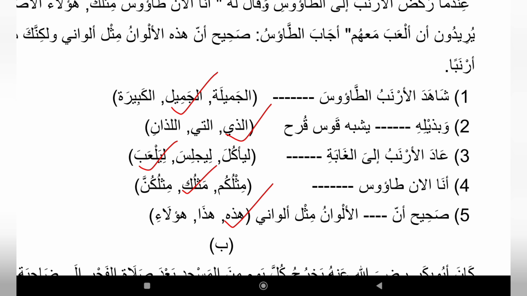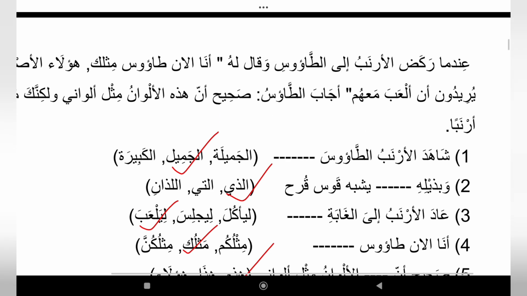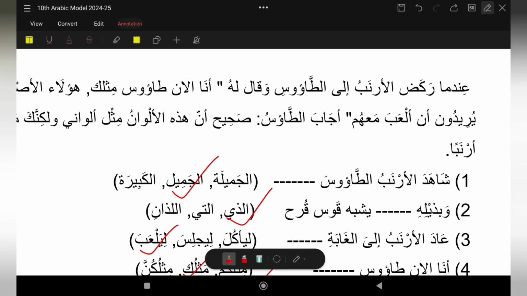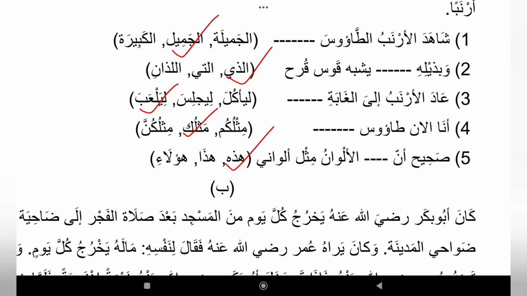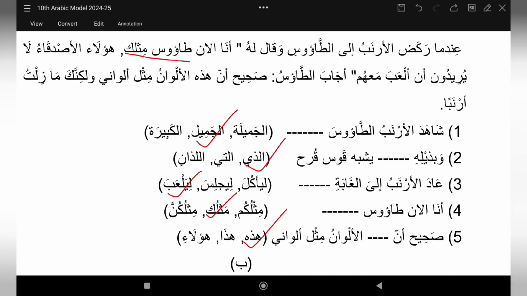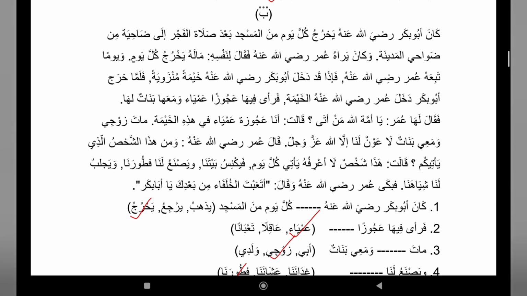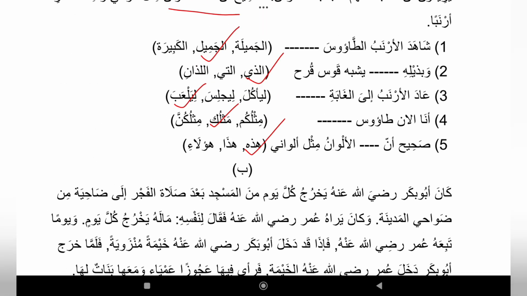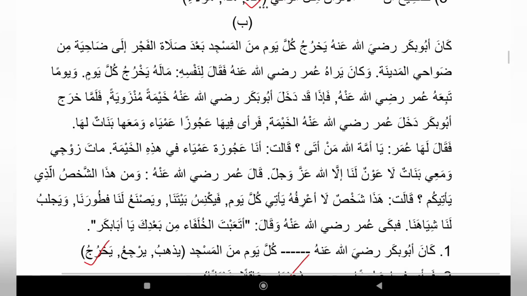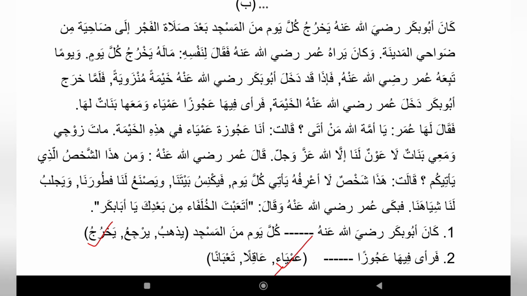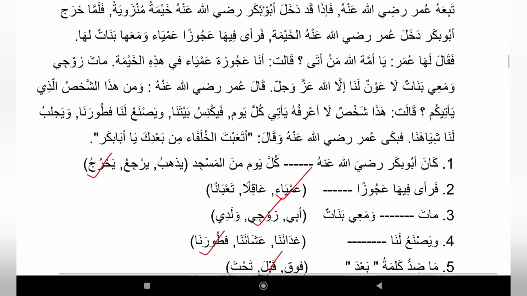It's given li al ghaba. Anal ta'us misluk. It's given here, misluk. Sahih anna hadihi. Hadihi is given here. Like that you have to pick the answers. All the answers are right in front of you. You just have to choose the correct answer, and then you have the next paragraph, the same as the first one.